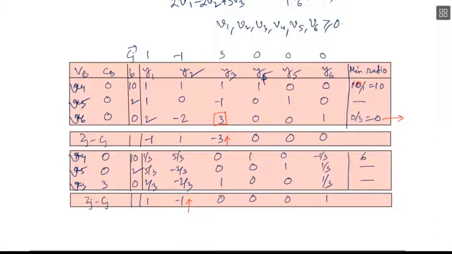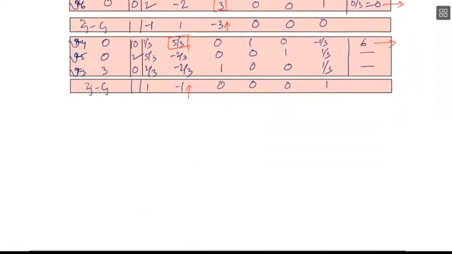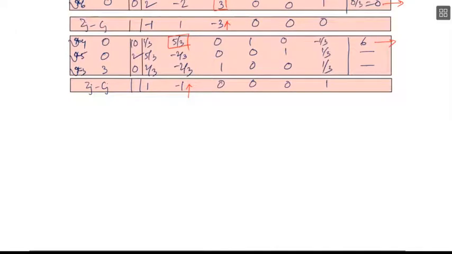So V4 will leave the basis to make room for the variable V2, and 5 by 3 is the new key element. We go to the next table.